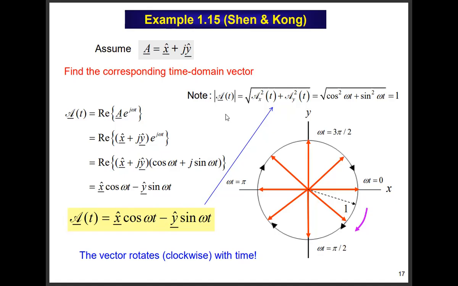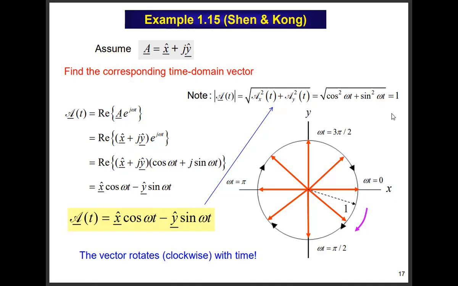Now, one interesting thing to take note of is if I take the magnitude of this vector in the time domain, square root of x component squared plus y component squared plus z component squared, which isn't any. So I just get this right here. So square root of cosine squared plus negative sine squared, which doesn't do anything, the negative sign. And of course, cosine squared plus sine squared is 1. Now, this is the really interesting thing here.